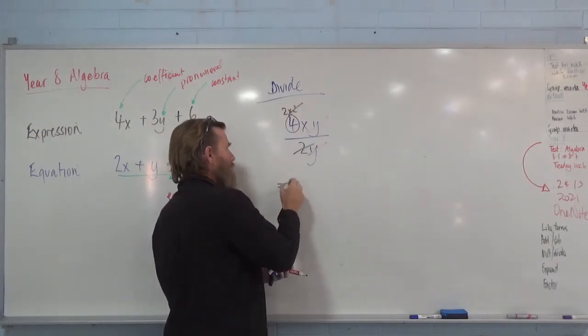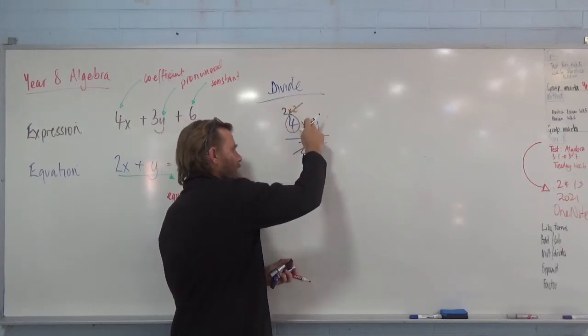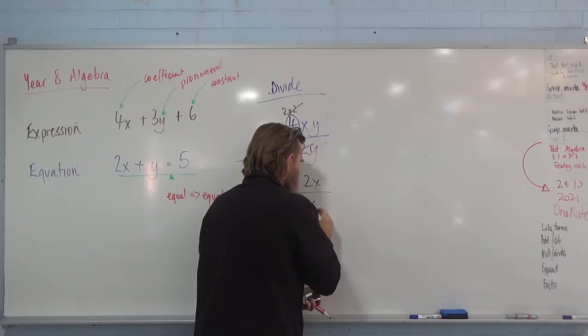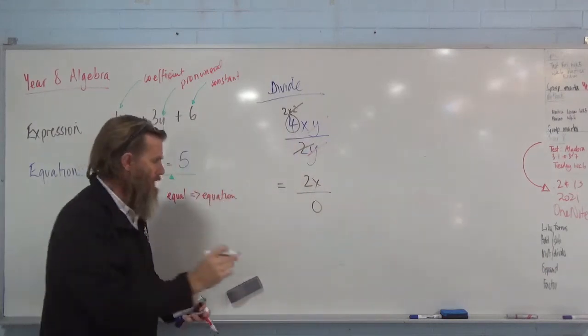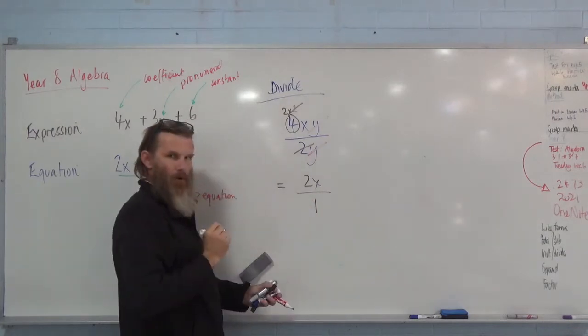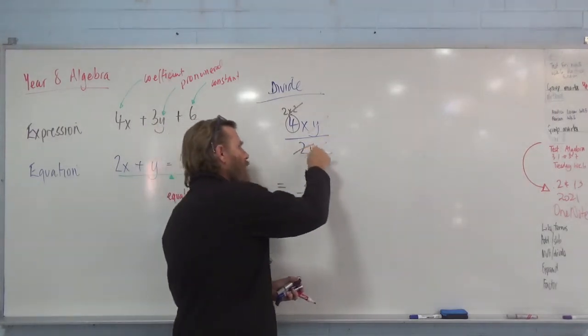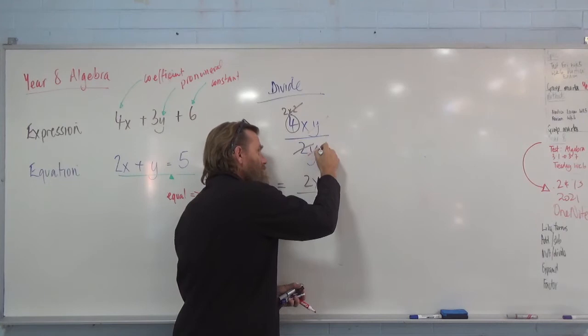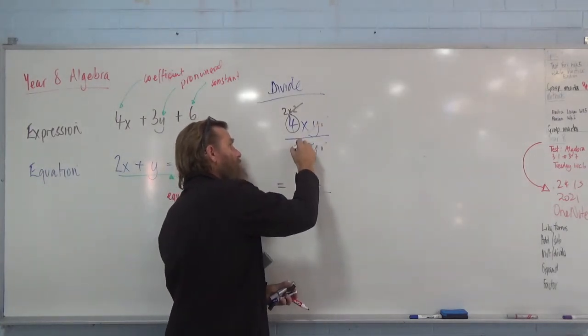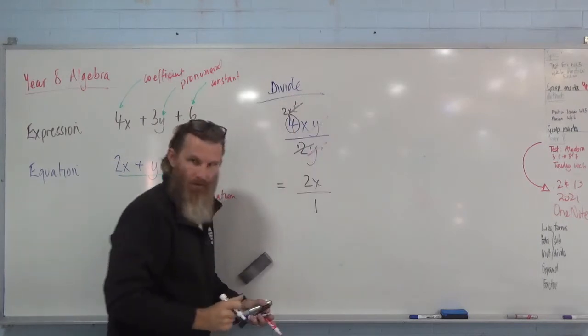Now what am I left with? On the top line, 2x. Now, you might think, oh, I've got 0 left on the bottom line. No, no, no. You don't have 0, you have 1 left on the bottom line. Because y went into that once, and into there once. 2 went into there once, and into there once.